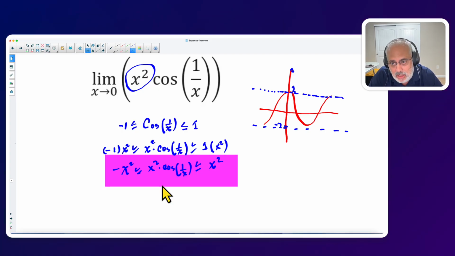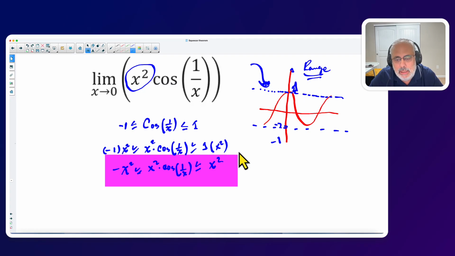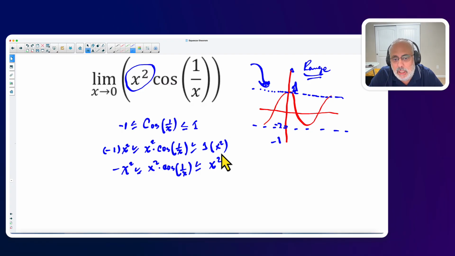And what I did right here was a function analysis talking about the range of the cosine between 1 and -1, and working with inequalities, and that is the power of inequality, and multiplying by x squared everywhere. The inequality is still valid, is still the same idea.